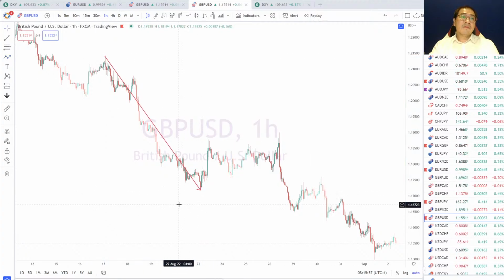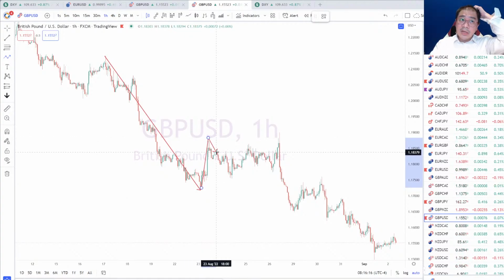Very simple, but notice this part here where it actually starts to go a little bit flat. If I draw the rule about the higher low, higher high, and so on, I'll change the color in a minute, but you'll start noticing that it actually does something different here.